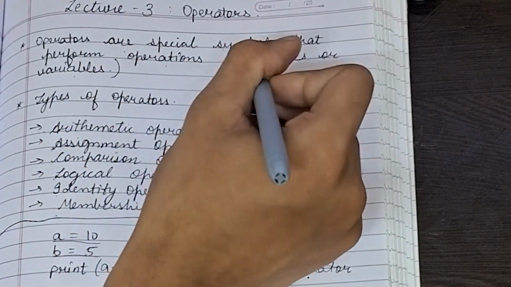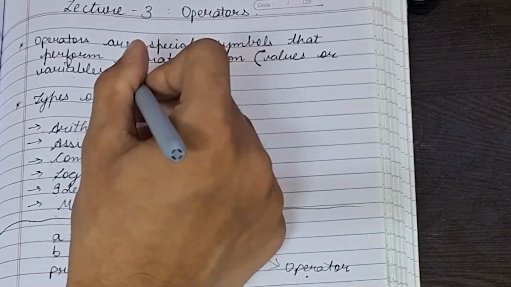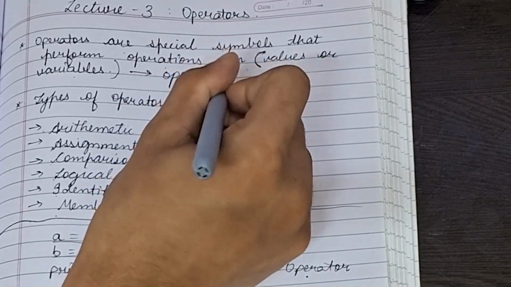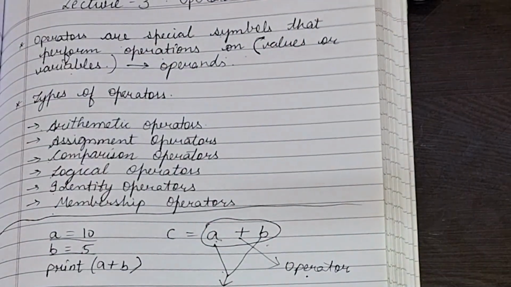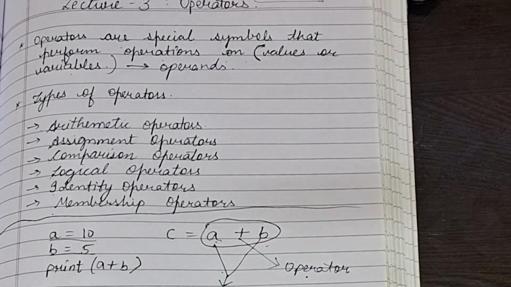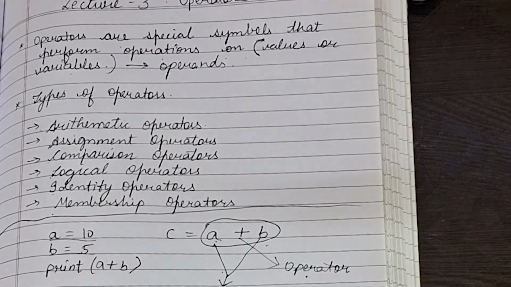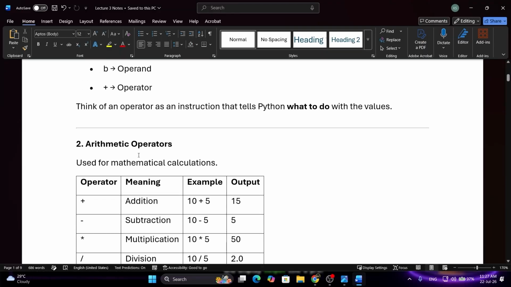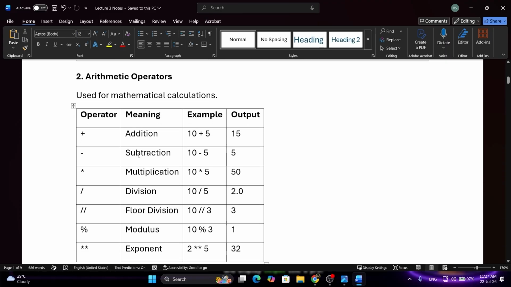Okay, so I may say that values or variables are equal to operands here. Okay, so this is the meaning of this. Coming to the screen, here we have said that A and B are operands and plus is the operator. This is pretty much clear now, okay?